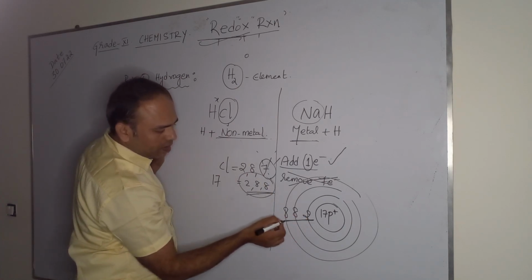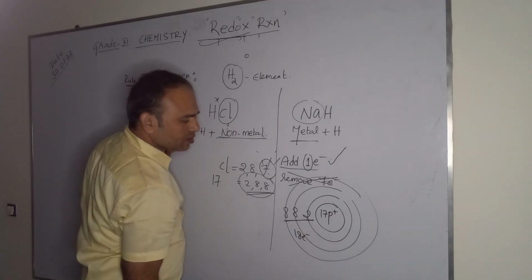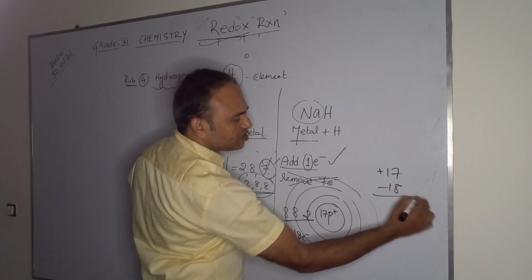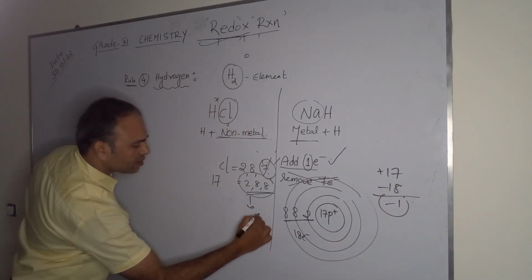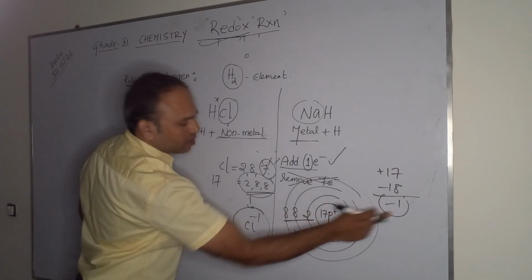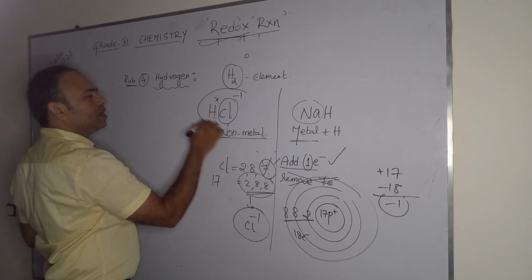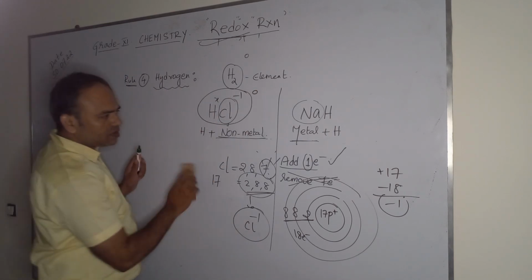Count this. How many electrons are there? 18 electrons are there. So let us write now. Plus 17 minus 18, how much? Minus 1. So chlorine has now minus 1 oxidation state. So let us write minus 1. The total is 0. So hope you have understood this.